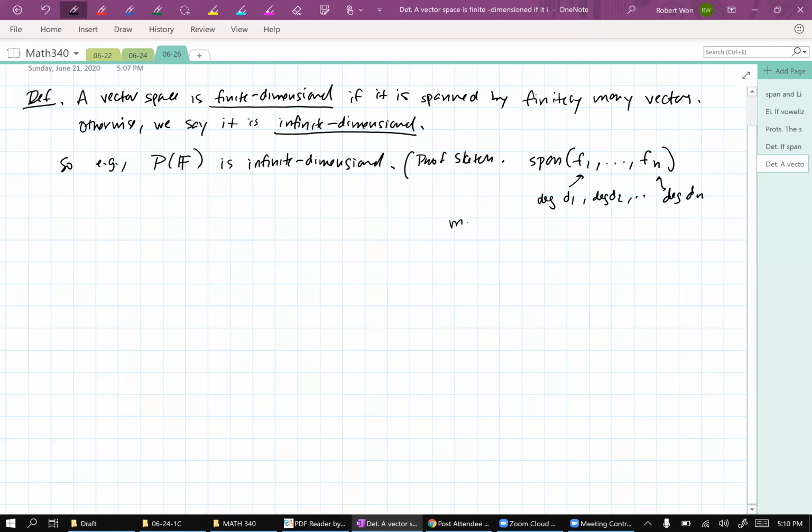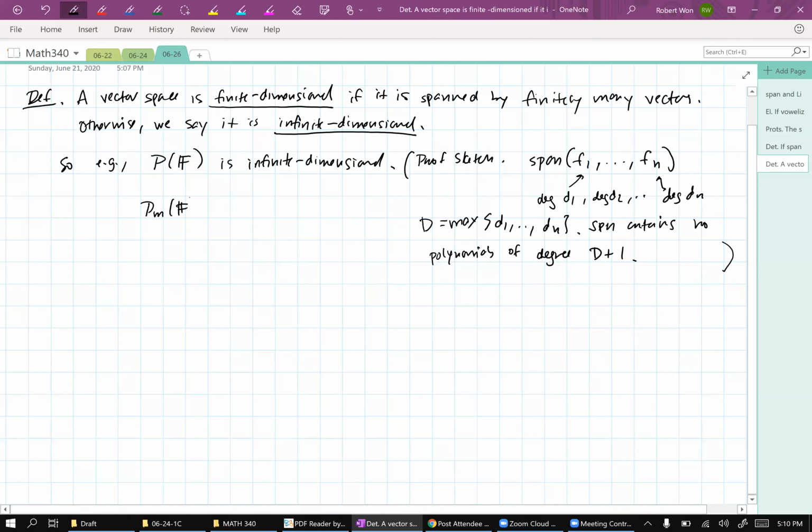Then you let D be the max of these degrees, d1 up through dn. Then the span contains no polynomials of degree D plus 1, which shows that these polynomials don't span all the polynomials because you're missing at least some of them. Okay, so this vector space is infinite dimensional by that little argument.